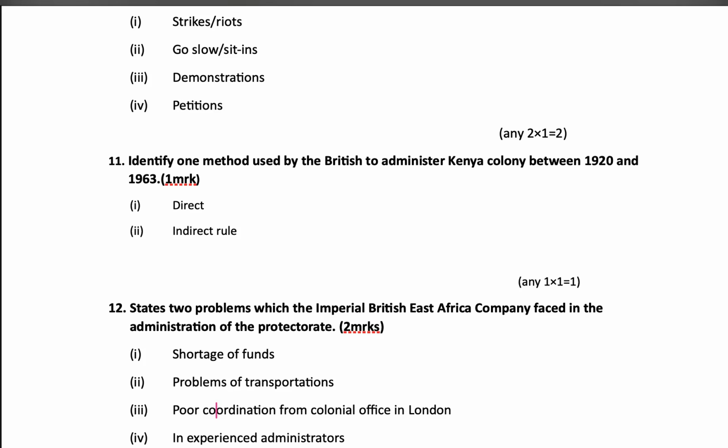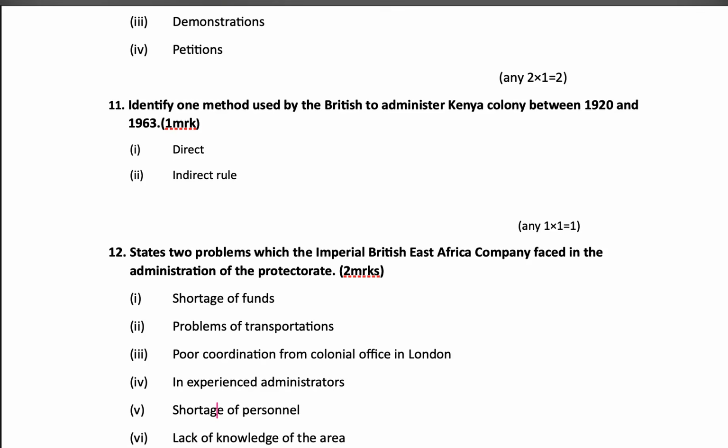Question 11. Identify one method used by the British to administer Kenya colony between 1920 and 1963. We have the direct rule and indirect rule.